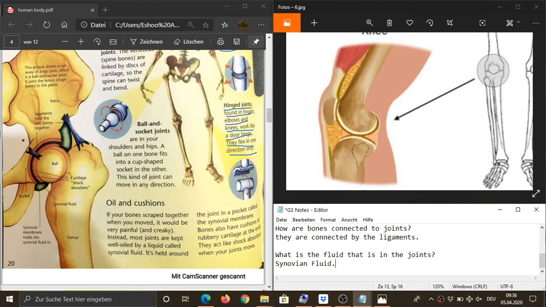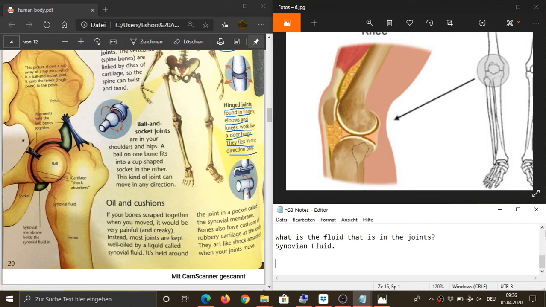Whenever we're walking or anything, old people like our grandparents get some pain in their joints as they age, because the synovial fluid gets less and less with age.